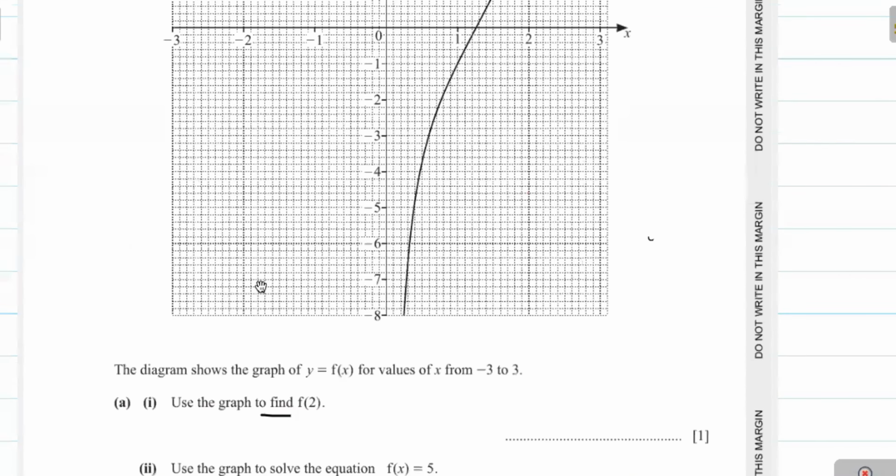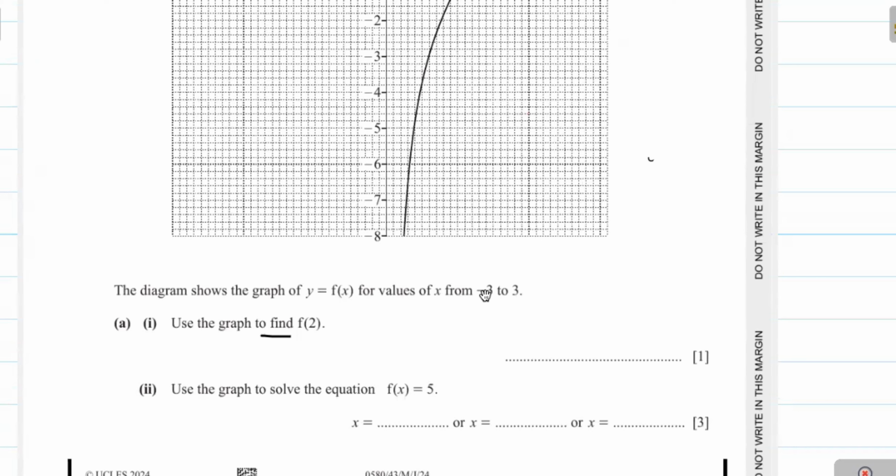Question 5. The diagram shows the graph y equal to f of x for values of x from -3 to 3. Use your graph to find the value of f of 2. Look here, f of x equal to f of 2. It means x equal to 2. Therefore, we have to draw a straight line x equal to 2.